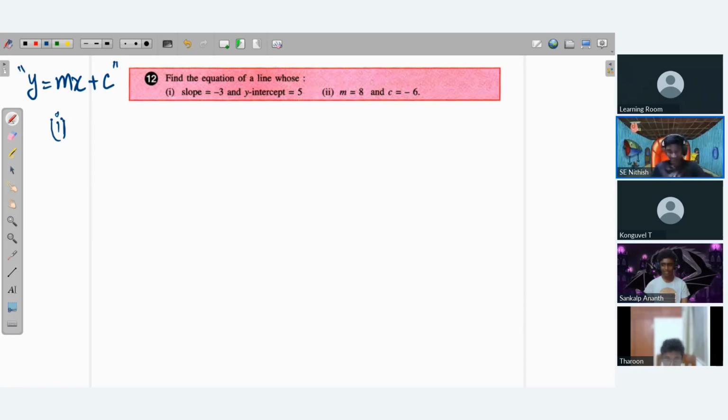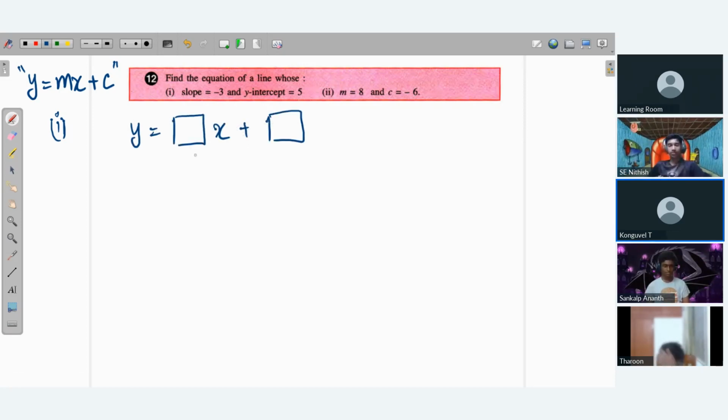So see, if somebody has slope minus 3, it is going to be like this: this place is for slope and this place is for y-intercept. So I fill in the slope, which is minus 3, and the y-intercept, which is 5. That is, y is equal to minus 3x plus 5.